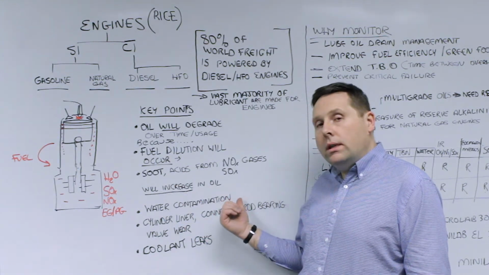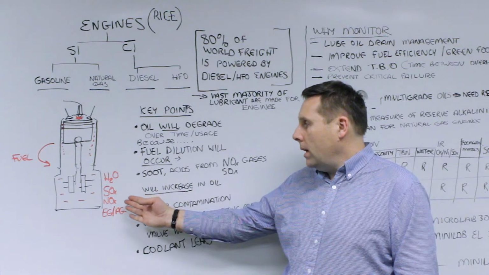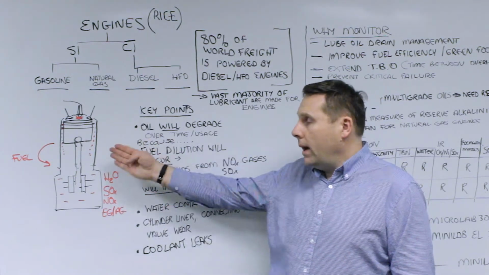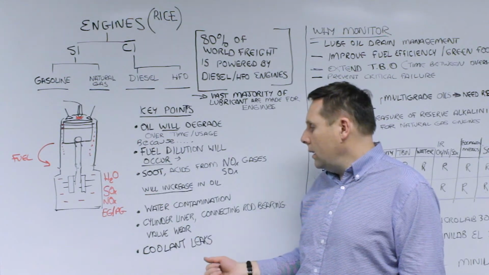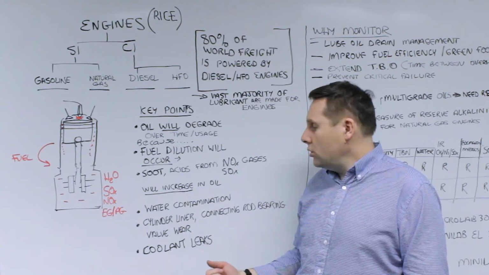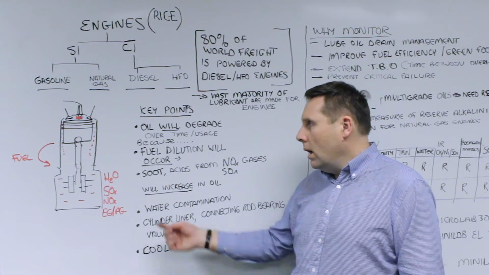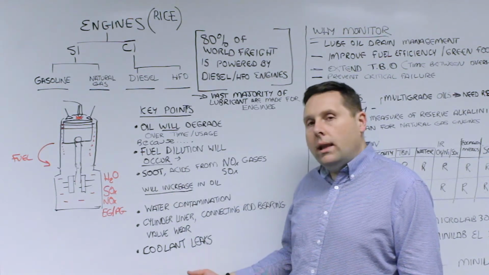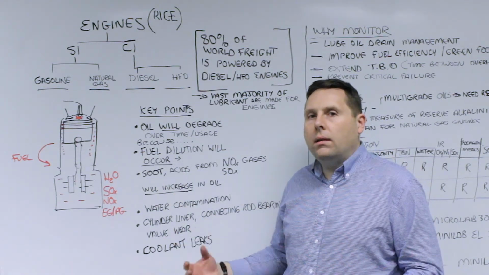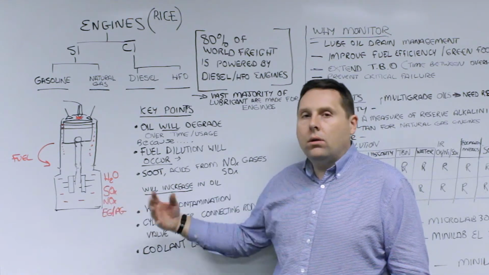You can get water contamination either by condensation, or by the fuel, which contains water, getting into the system, or by external ingression. You can have cylinder liner wear, connecting rod bearing wear, valve recession, coolant leaks. So a variety of things can show up in the oil and cause some problems.